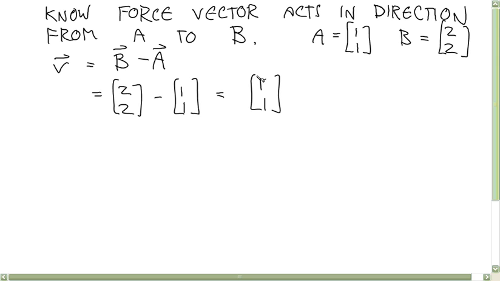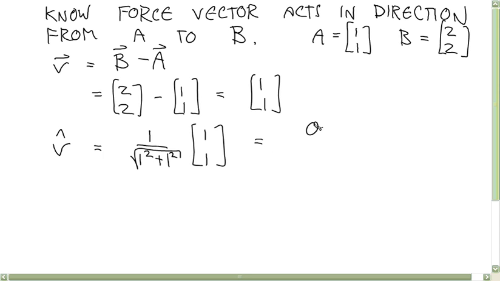So that's a vector pointing from A to B, but it has a length different from 1, so now we want to turn that into a unit vector. So V hat is equal to 1 over the square root of 1 squared plus 1 squared, so that's the square root of 2, times the vector 1, 1.